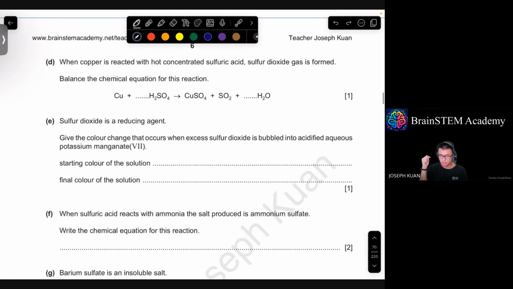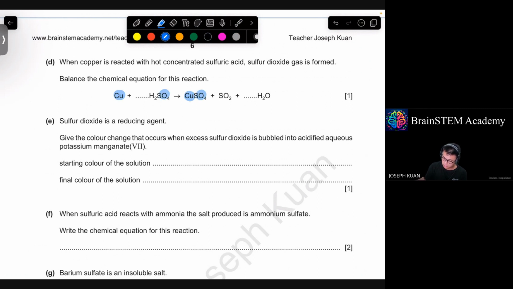Next question. When copper is reacted with hot concentrated sulfuric acid, sulfur dioxide gas is formed. Balance the chemical equation for this reaction. All right, so let's just try to balance them. Copper has equal amounts for both sides. That's done.